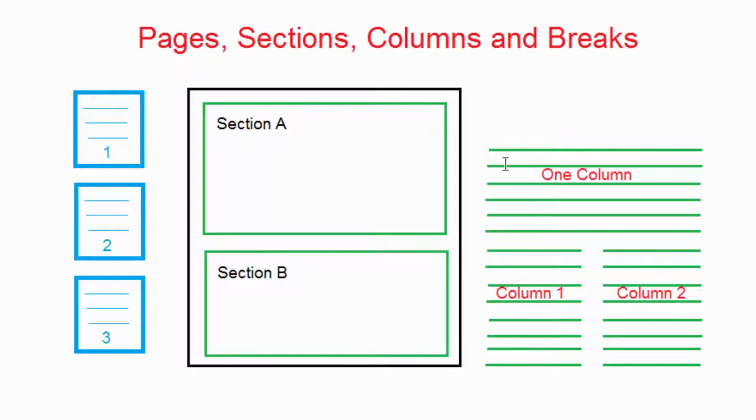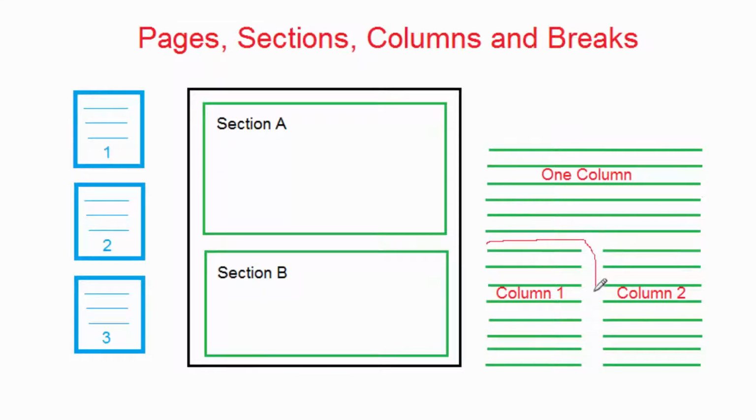Now, automatically, when you are typing in a page in MS Word or any other word processor, the text is being typed into one big column. And we can say that your document is made up of one column. But sometimes you might want to split the text into more than one column. In that case, you will be having two columns.